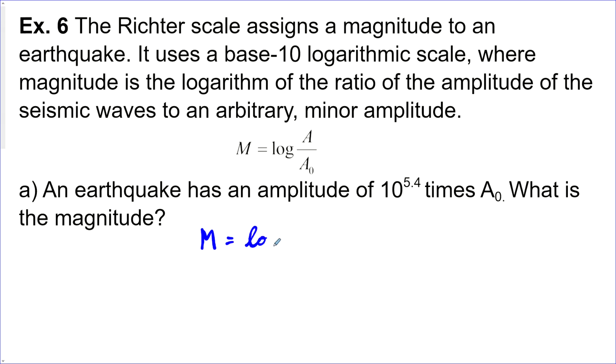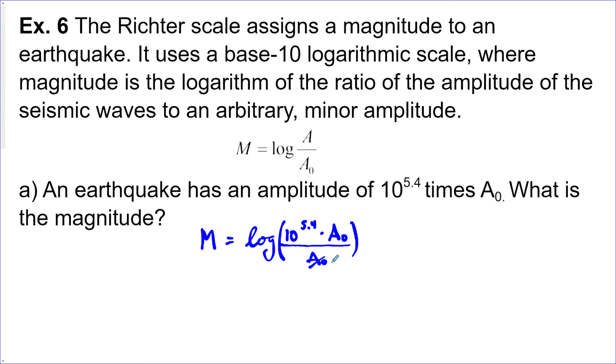We've got our log base 10 here. We know that the amplitude of this earthquake is 10 to the 5.4 times A0, so that's the amplitude of this earthquake, and we have it divided by A0 here. Remember, this is all inside the log function.